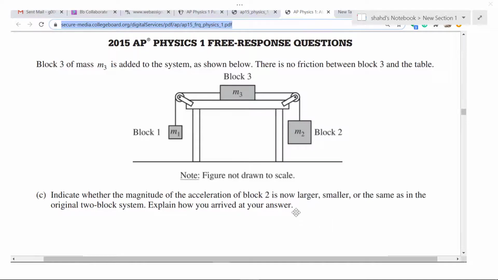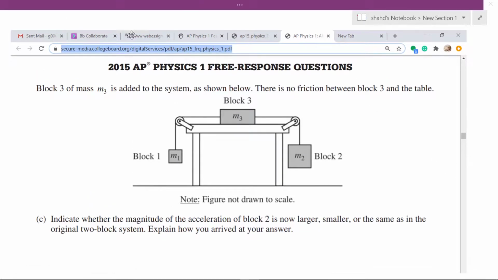Part C and the last part of this problem says that block 3 of mass M3 is added to the system as shown below. There is no friction between block 3 and the table. Indicate whether the magnitude of the acceleration of block 2 is now larger, smaller, or the same as in the original 2-block system, and explain how you arrived at your answer.